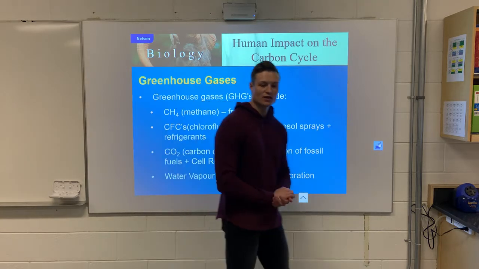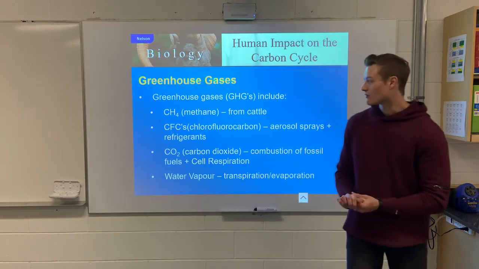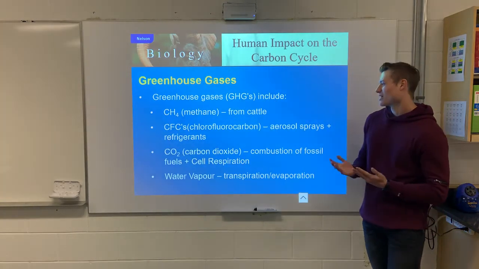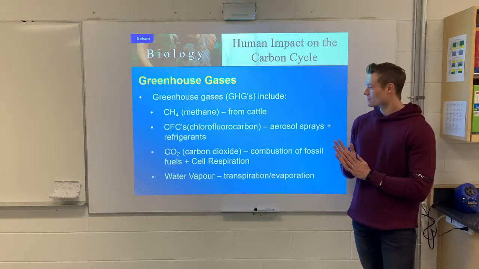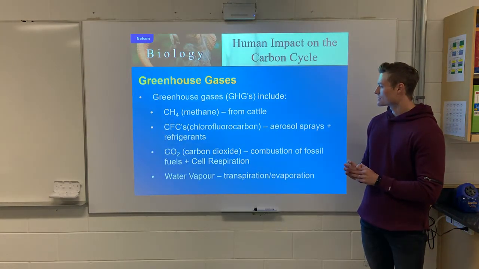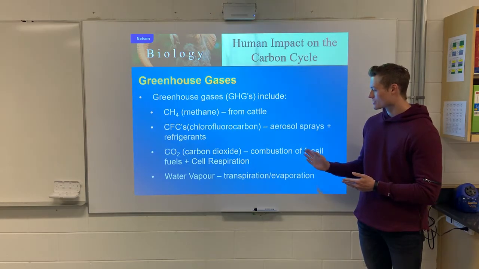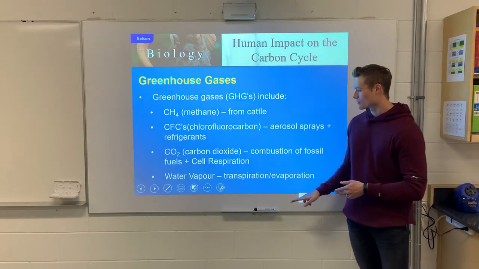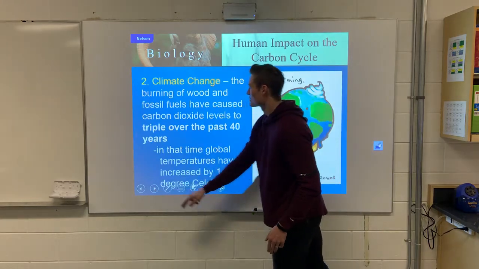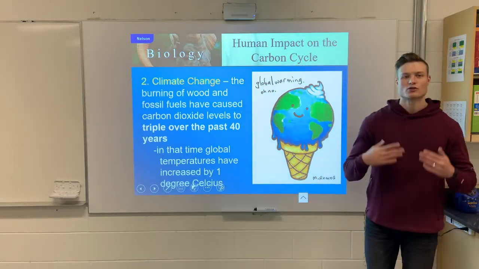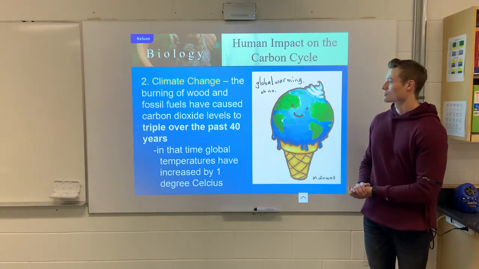So here are some greenhouse gases and examples of where they come from. Number one, methane. A lot of it actually comes from cattle, funny enough. Chlorofluorocarbons, we don't see these as often, but they're found in aerosols and refrigerants. Carbon dioxide, obviously a big one here, and water vapor as well. Like I was saying, too much of a good thing can lead to climate change.